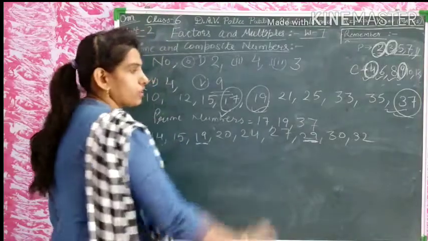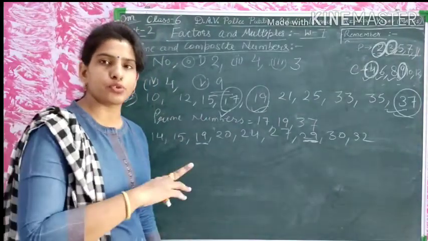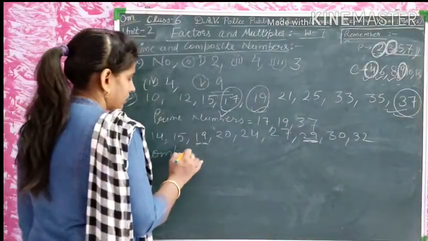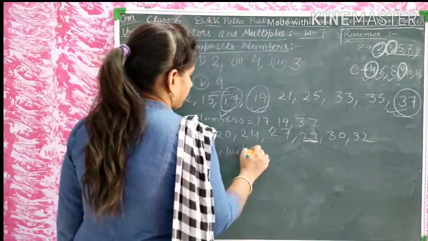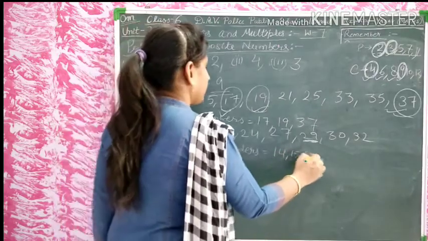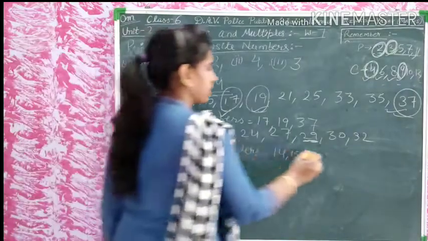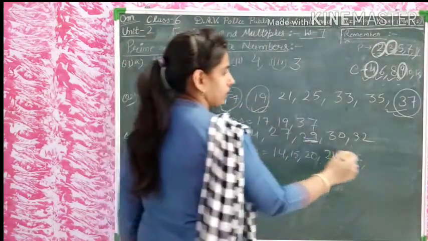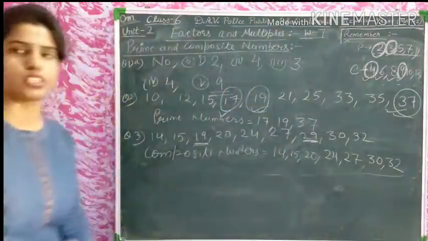These two numbers are prime numbers. It means except these two numbers, all are composite numbers. So the composite numbers are 14, 15, 20, 24, 27, 30 and 32. Don't write 19 and 29 because they are prime numbers.